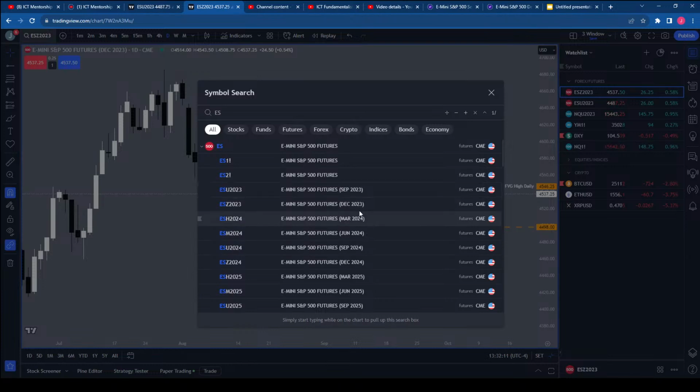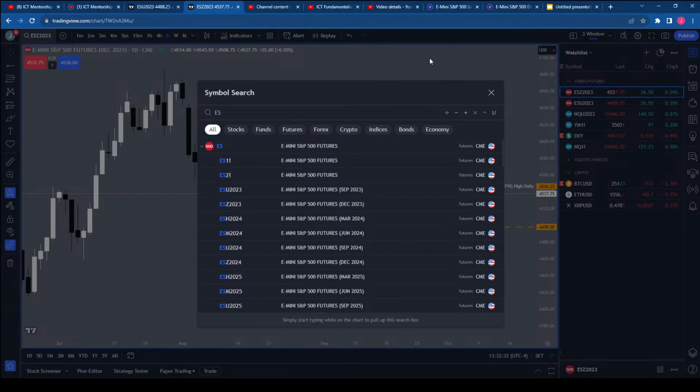Since we are now in September, you can see that this contract ends in September, and what happens is either early to midway through September, the volume will switch over, and people will start trading this December contract.